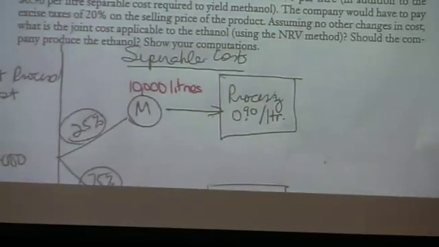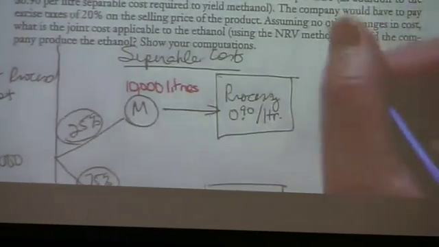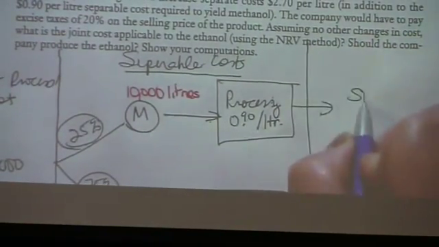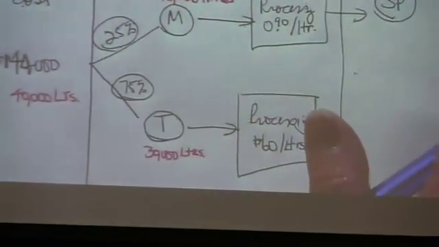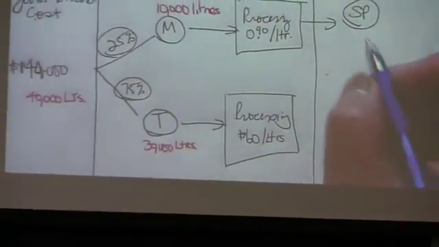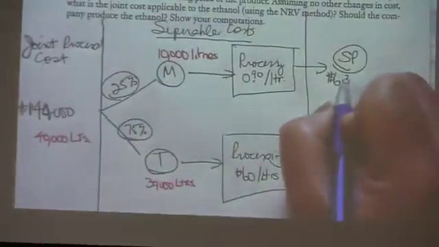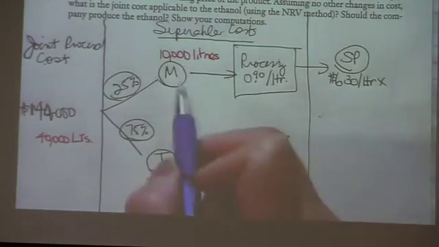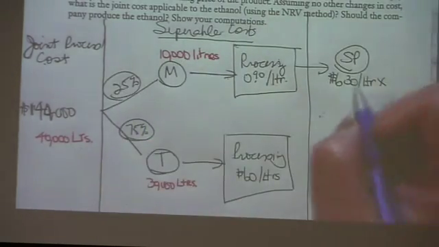Now, we need to know the sales price. Sales price for methanol is $6.30 per liter times 10,000 liters, right?